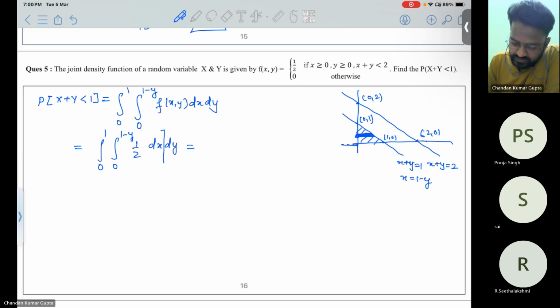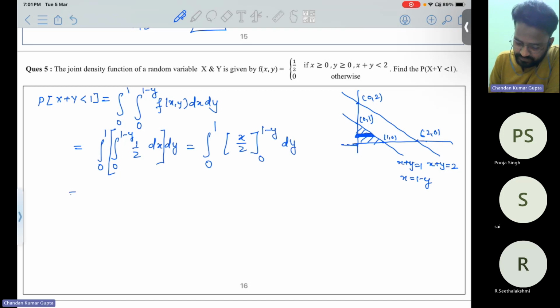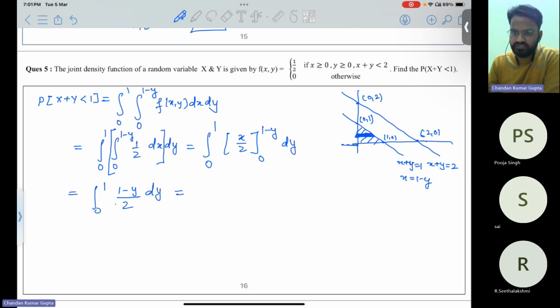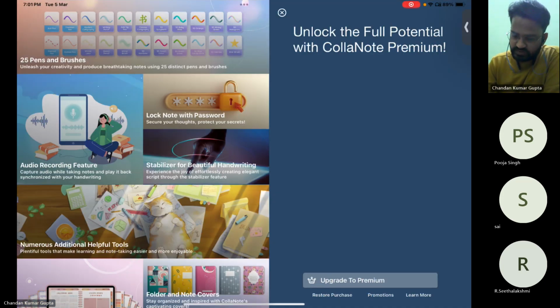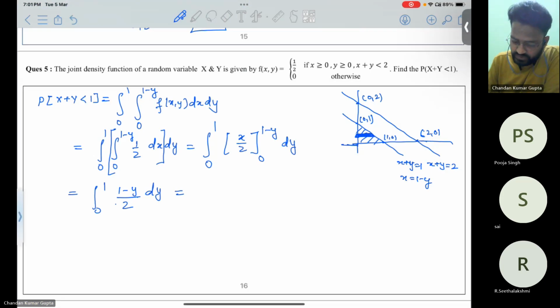So first, integrating x by 2 from 0 to 1 minus y, we get the integral from 0 to 1 of (1 minus y) upon 2 dy, which is the integral from 0 to 1 of 1 by 2 minus y by 2 dy.